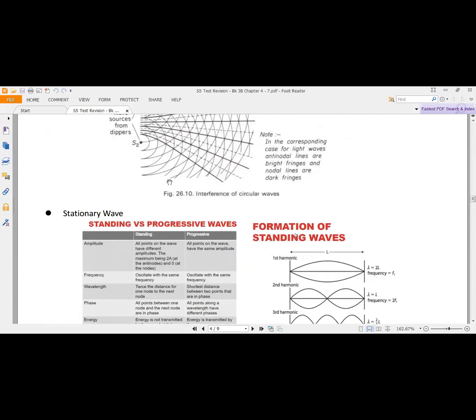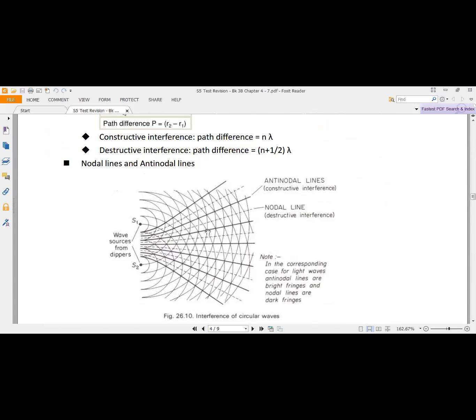In the previous part, you see the same graph. Usually we would make use of water wave or sound wave for showing this graph, because those wavelengths are visible. It's usually a few cm, something we can observe easily.